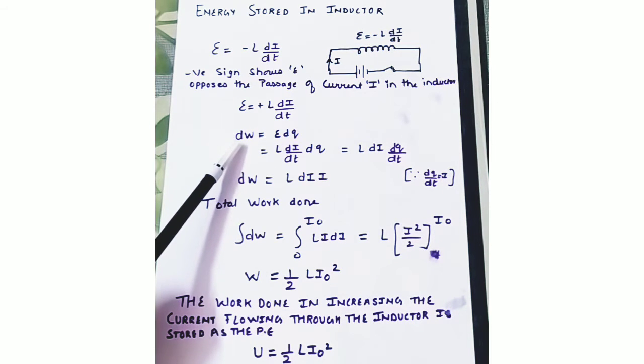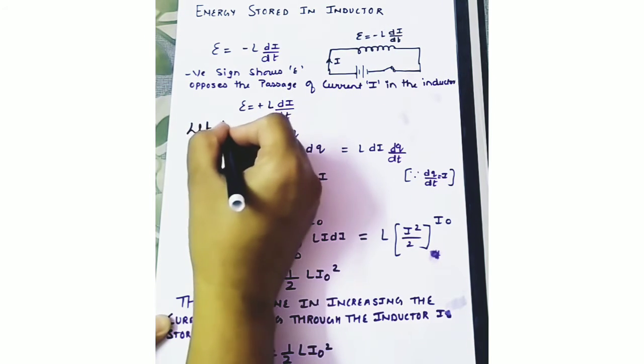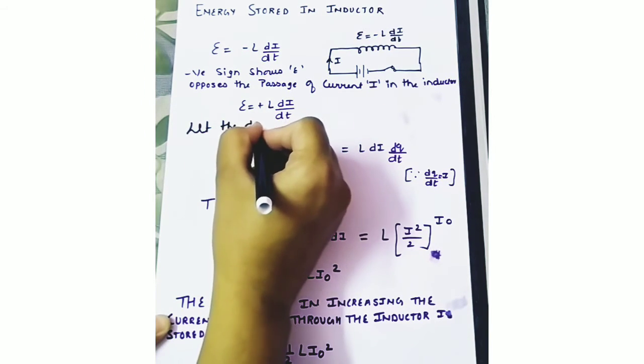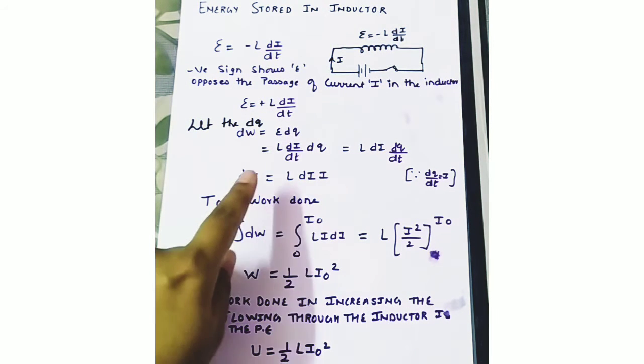What is that work? Let us assume that work dW is equal to E dQ, because we have considered a small charge dQ. Okay, so dW is equal to E dQ.